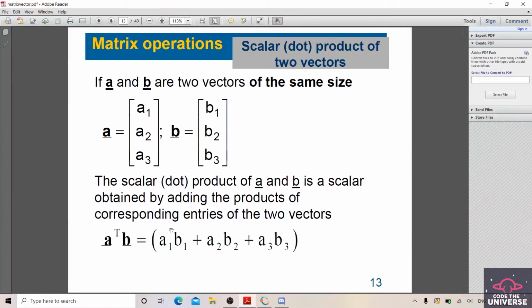In this case, A1 B1 is your first product, A2 B2 is your second product, A3 B3 is your third product, and you're just going to sum all of them. You see here that it's A transpose B. Well, rather than explaining the scalar dot product, I'll first explain the concept of matrix multiplication in detail to you, and then this part might be more obviously understandable if I do that, I guess.